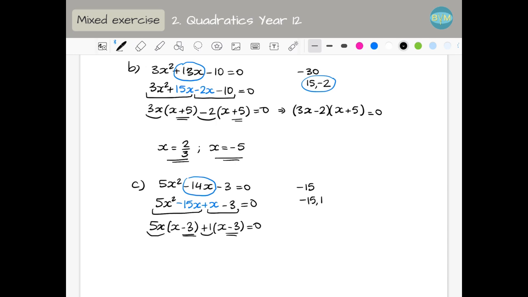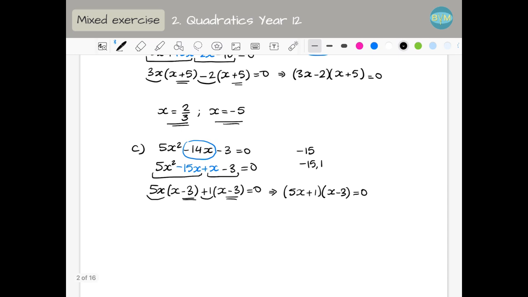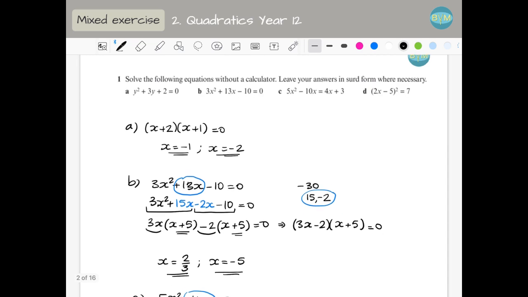This is like 1, but we don't write it at the front, so bracket 5x plus 1, and then the other bracket is x minus 3 equal to 0. First bracket equal to 0 means x is minus 1/5, and the second bracket equal to 0 is x equal 3.